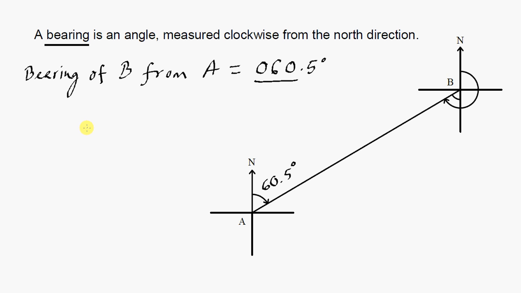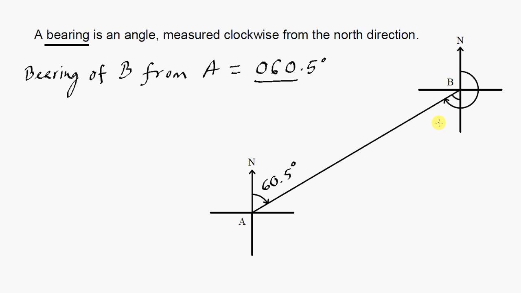Now the bearing of A from B. For B is the reference point, A is the required point. So in this case we have to show the angle at B from north direction. The angle will be this one.